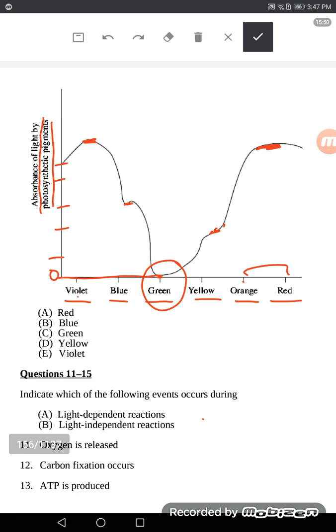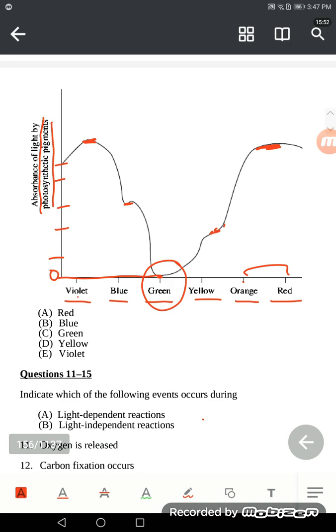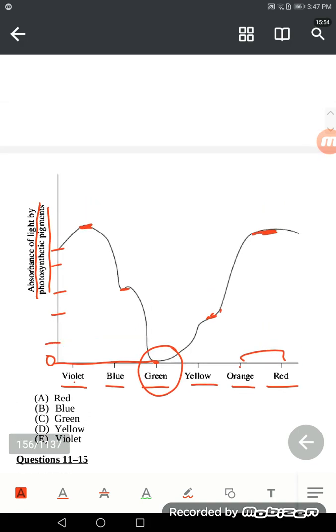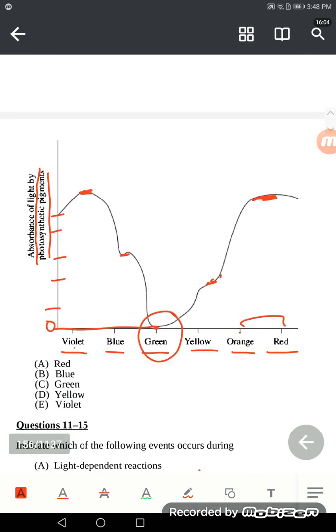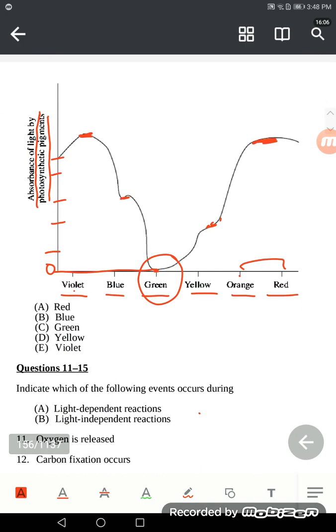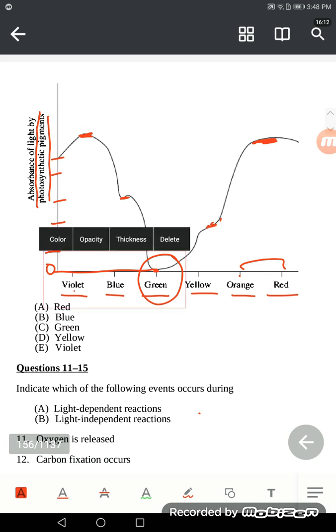So the substance that we have is a green color substance, as it says in the question. Here is an absorption spectrum for an unknown substance. What color is the substance? The substance is green. So it's a chlorophyll-like substance. It absorbed all of the colors except green.